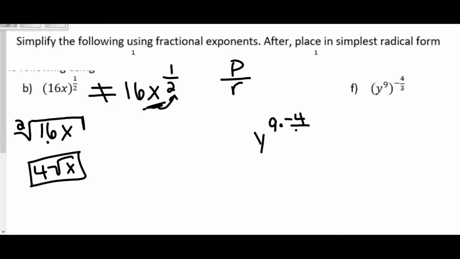So my biggest tip to you when dealing with fractional exponents would be to leave it in fraction form while you're working, and then put it in radical form at the end and then simplify. So 9 times -4/3, because it's exponent to exponent and we're multiplying, would give you -36/3.